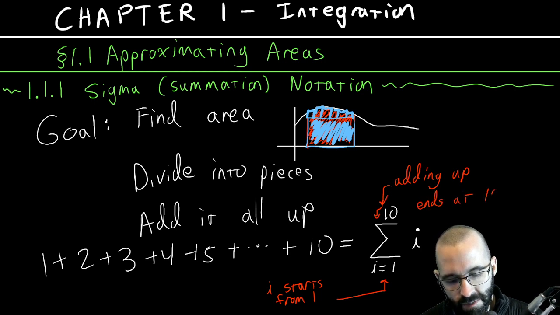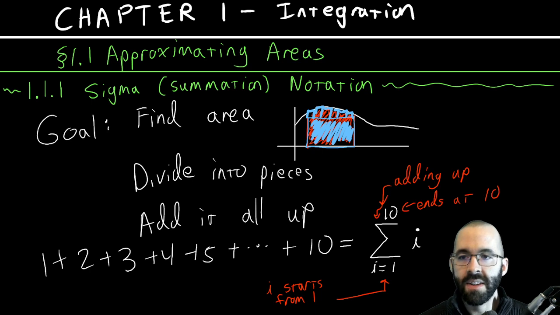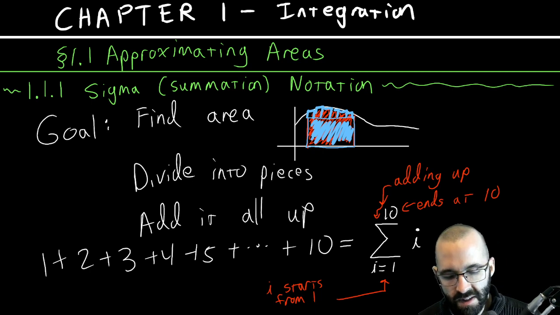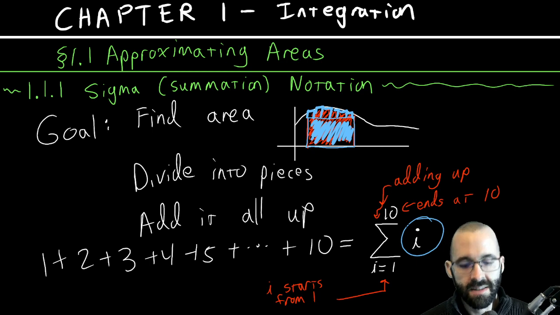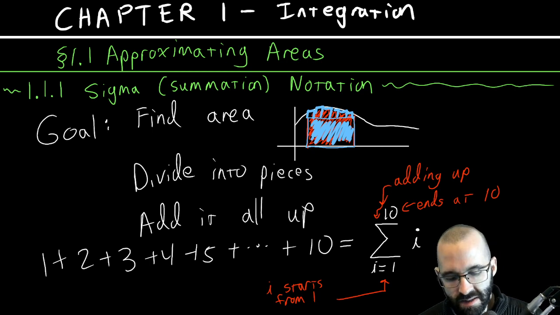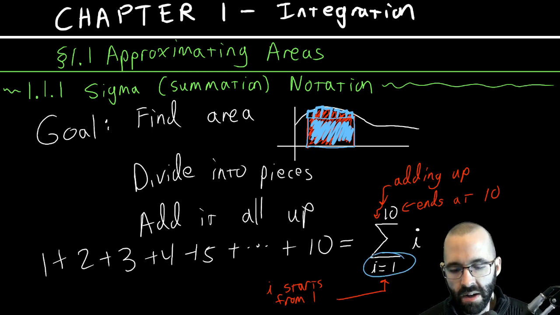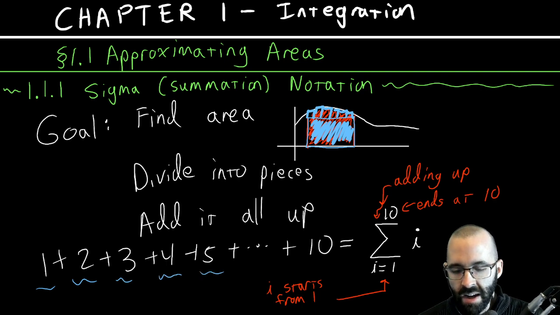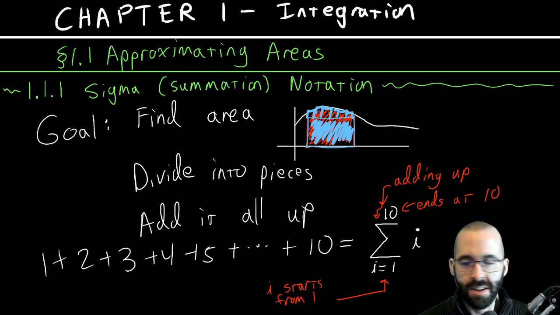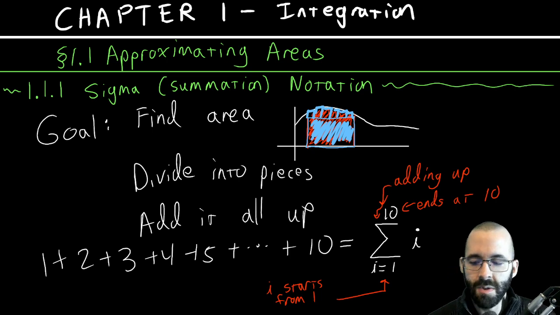So if we combine all of this together, this says that we're adding up a bunch of i's. What are the i's? Well, the i's are starting at 1 and ending at 10. So that's where i is 1, i is 2, i is 3, i is 4, i is 5, etc. And we keep on adding until we get to 10. That's what sigma notation is all about.